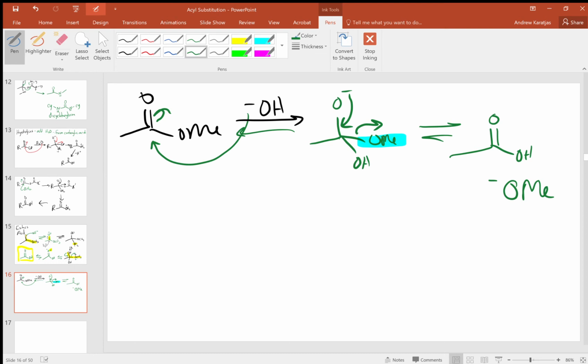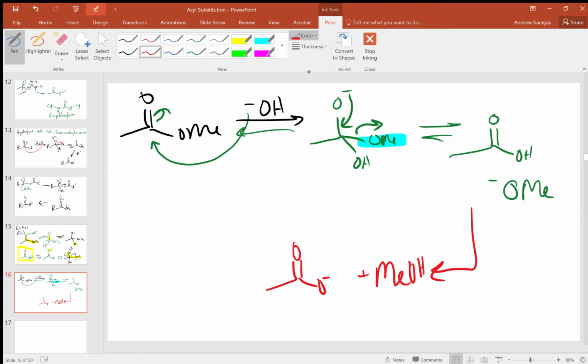we end up with a good acid, our carboxylic acid, and a strong base, OR minus. And so they'll undergo what seems like a very simple acid-base reaction. But it's this acid-base reaction that is the entire reason this reaction goes forward.